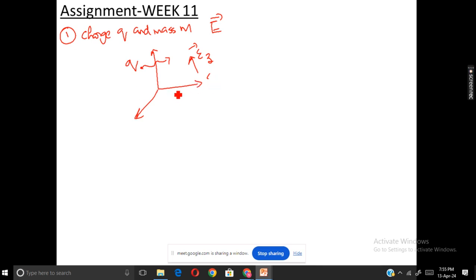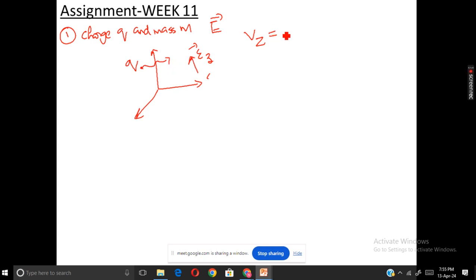The first option was that the particle's velocity linearly increases with respect to time. So what will be the velocity of this particle? We have already derived this.